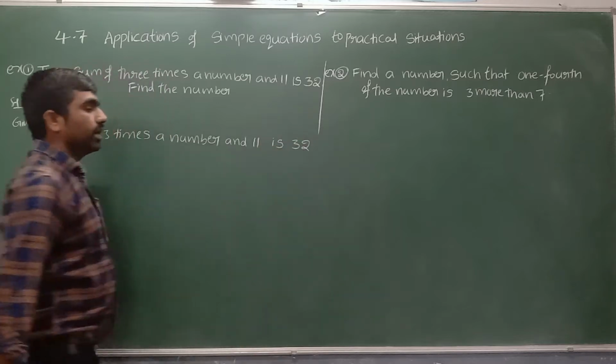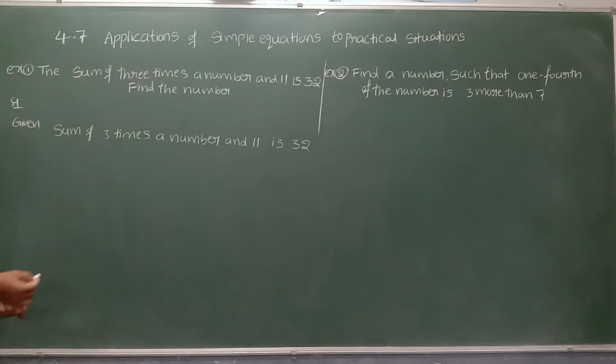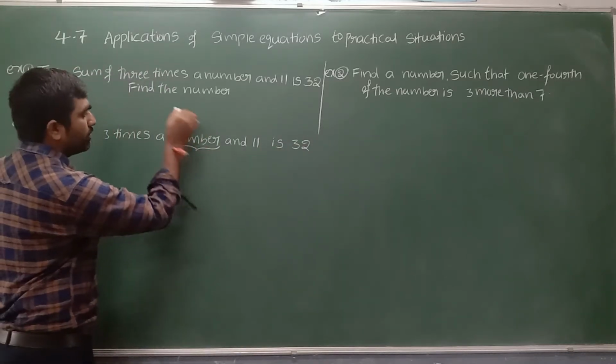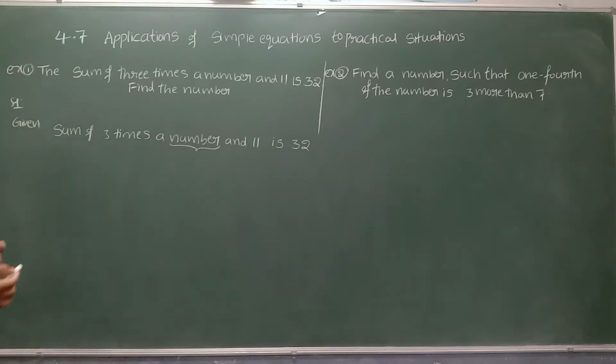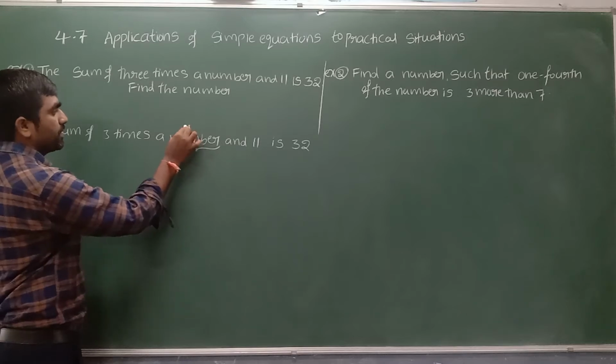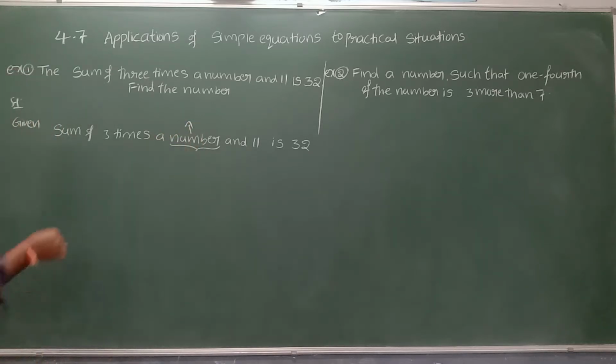Now here we need to identify the unknown value. Yes, the unknown value is the number. What is the number? We don't know. It is the unknown value, so we can express it with the help of a variable.